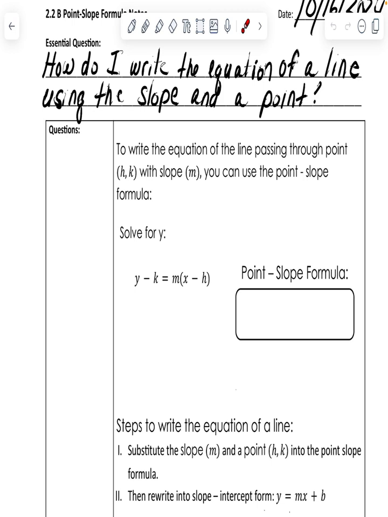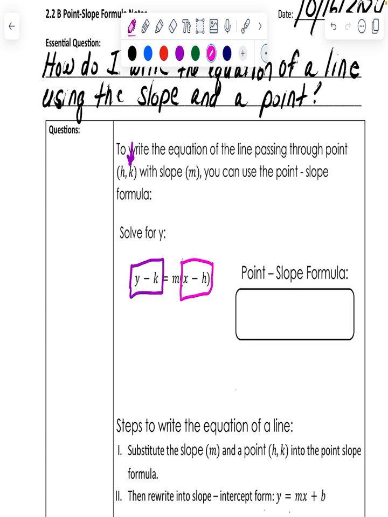So what we're going to do is take away from the y, the k, which is in the place of the y, and take away from the x, the h, which is in place of the x coordinate.